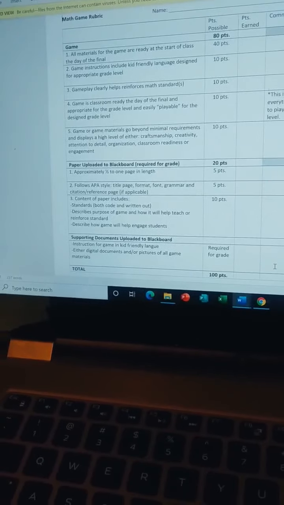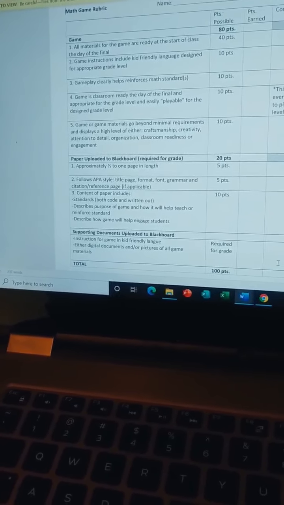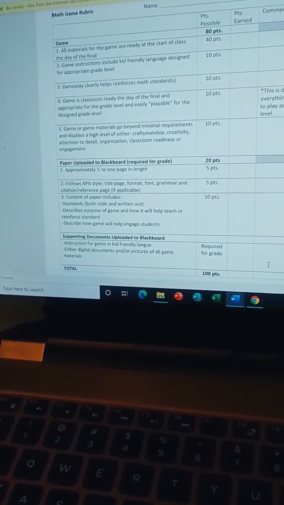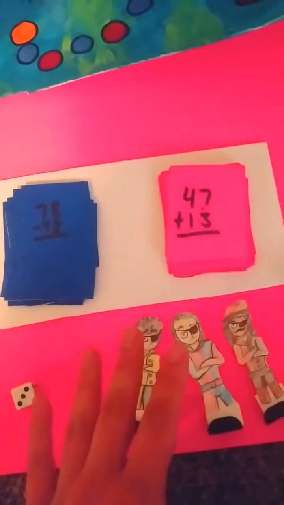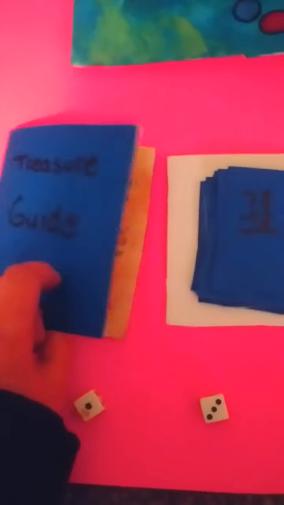Okay, so the first one is all materials for the games are ready at the start of class for the final. So as you can see, I have all my stuff laid out. I have my directions right here. I have the cards the kids will be playing, the game pieces, the dice, the treasure guide, which they will look at if they hit an orange spot.